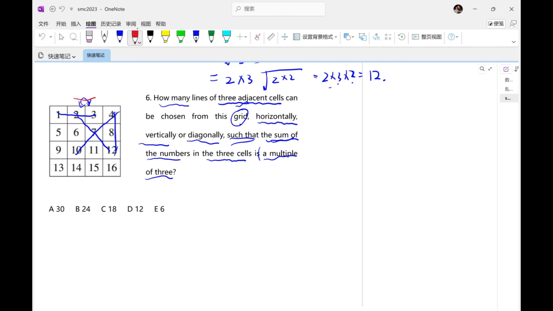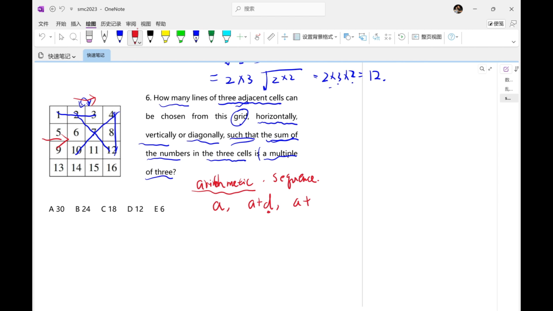We find that these are all consecutive natural numbers. That means it is an arithmetic progression. For an arithmetic progression, we name the first term A, and the second term is A plus D, where D is the common difference.